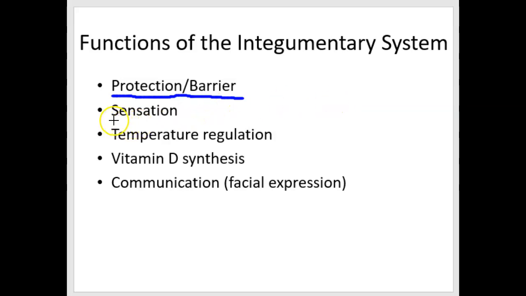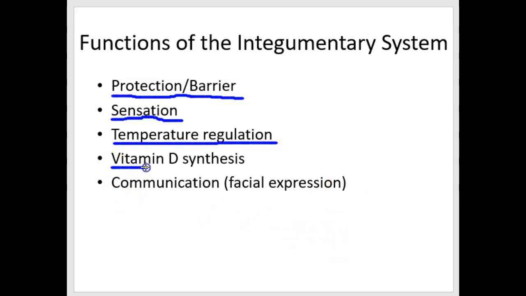In addition, the hair on the skin, as well as the skin's sensory receptors, allow the skin to sense our environment. In the dermal layer of the skin are blood vessels, and those blood vessels can dilate to release heat or constrict to retain heat, so the skin is involved with temperature regulation.